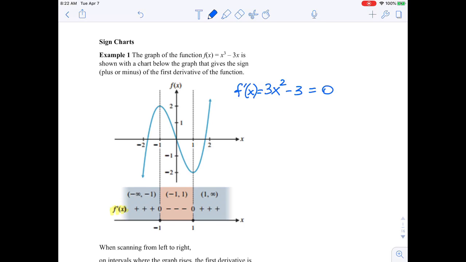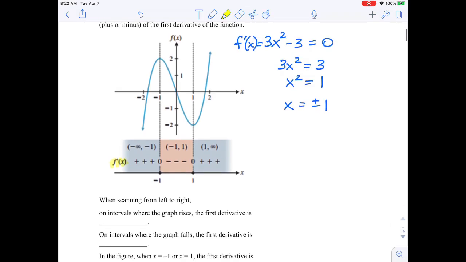So we set that equal to 0. And when we take the square root, remember we get two values. And that's where we get these numbers, -1 and 1. We create this sign chart. So where it's -1 and 1, our first derivative is 0.